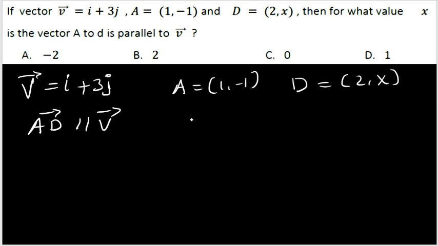First of all, what's AD? AD means we are going to subtract A initial, D terminal. So from the terminal we'll subtract the initial. So 2 minus 1, comma, okay, x minus negative 1 will be x plus 1.